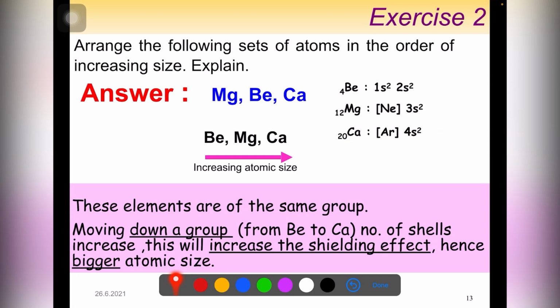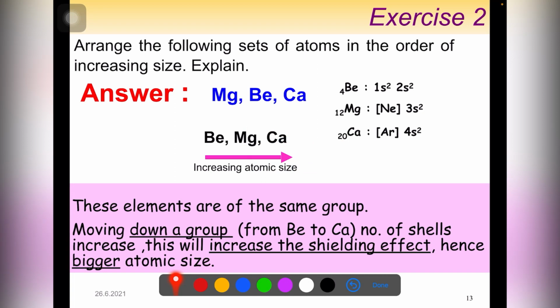The element with fewer shells will have a smaller size compared to the element with more shells, like calcium. So that's why the ranking is beryllium the smallest, followed by magnesium, and the biggest one is calcium.